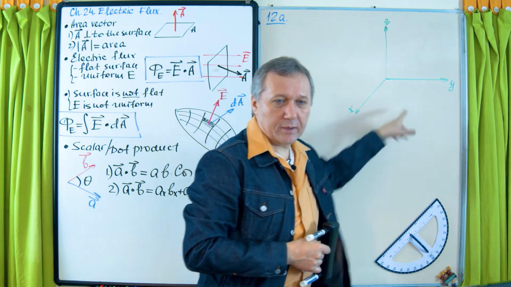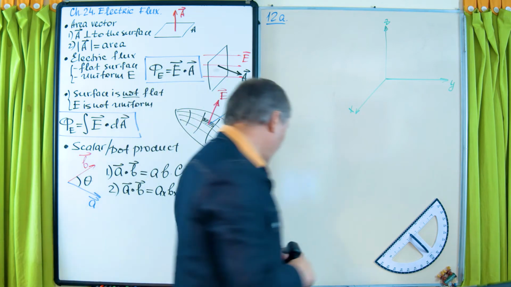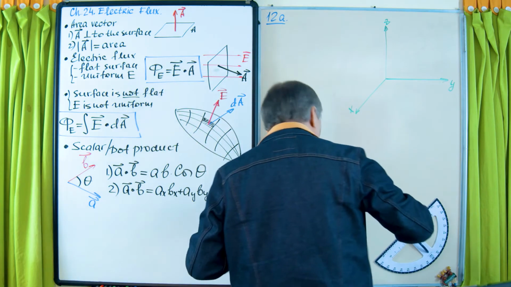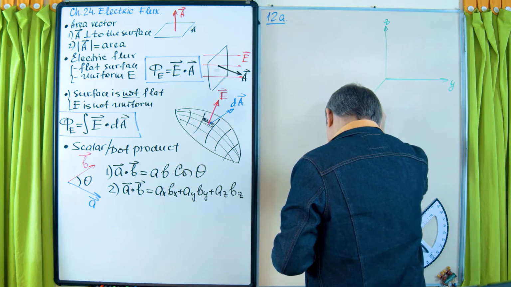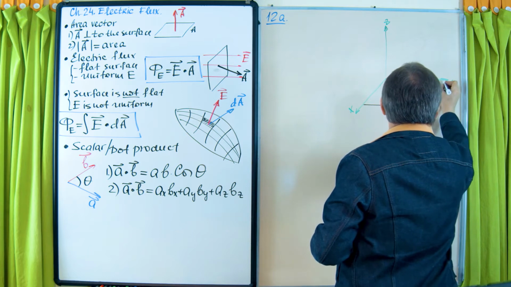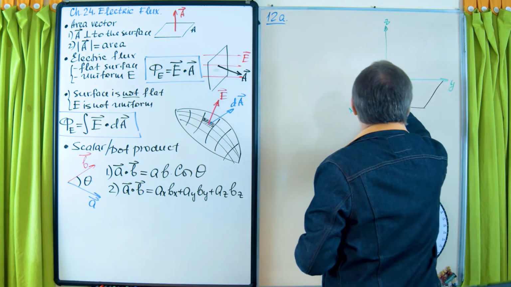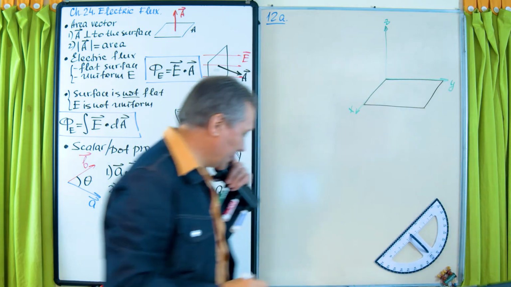Our surface is in this plane. I will use black. All right, so AB. So that's my surface.